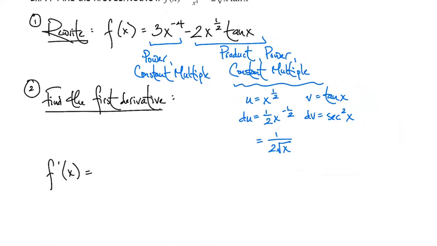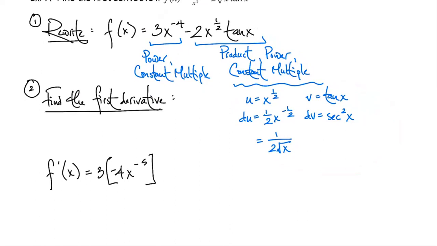So power rule says we're going to keep that constant in the front. We're going to bring down that negative 4, x to the negative... What's the power going to be here? New power for x to the negative 4. Good, because x to the negative 4 minus 1 gives us negative 5. Good, good.